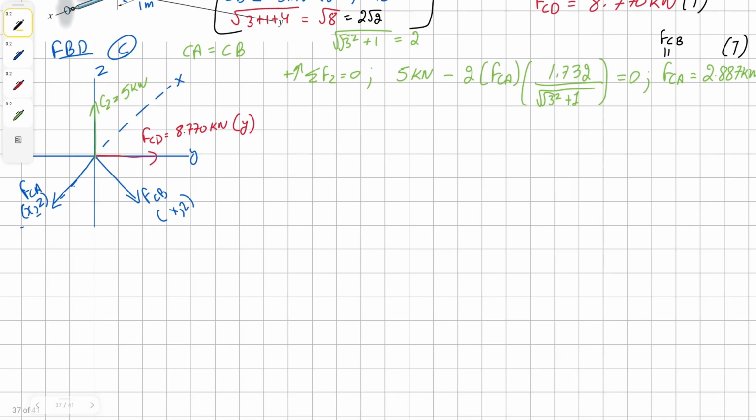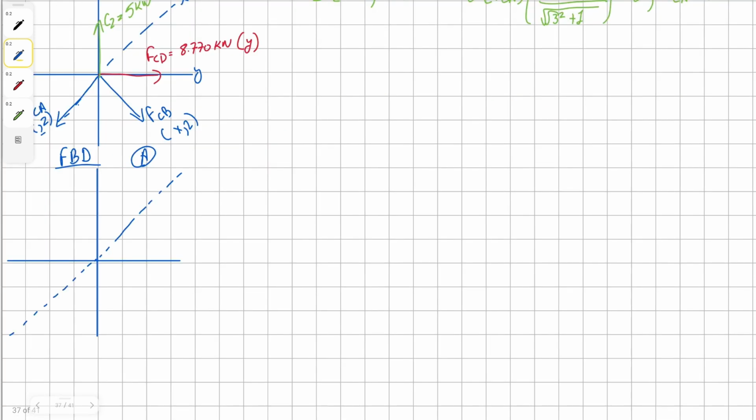Alright, to solve for member AB, we will need to draw our free body diagram for joint A. At joint A, we're going to have our force from member CA, and it's projecting along X and Z. Then we have our unknown force in member AB, and it's projecting along just the x-axis.